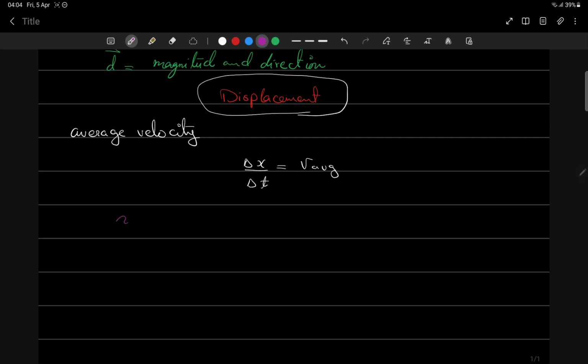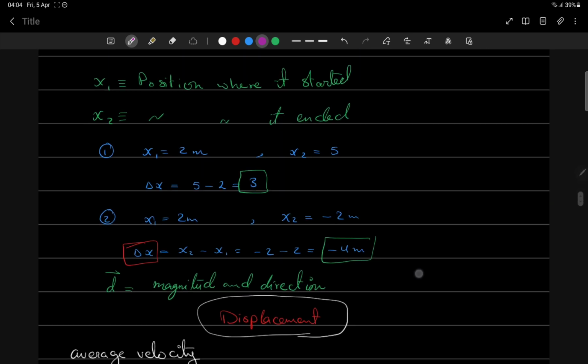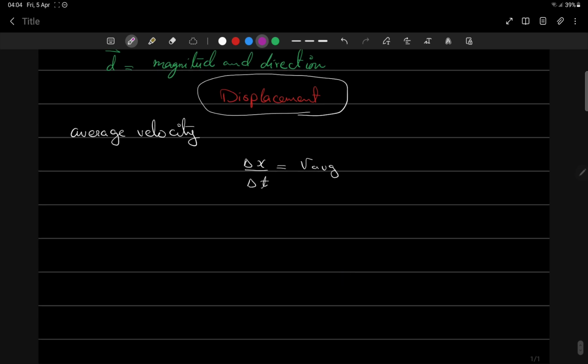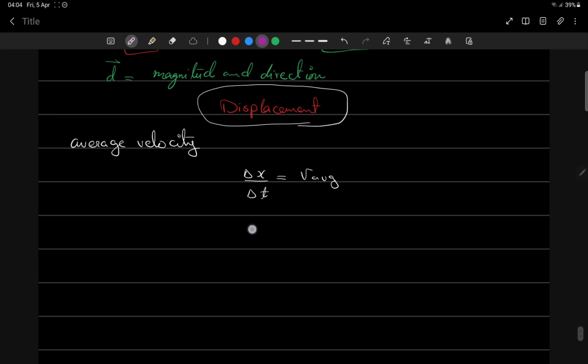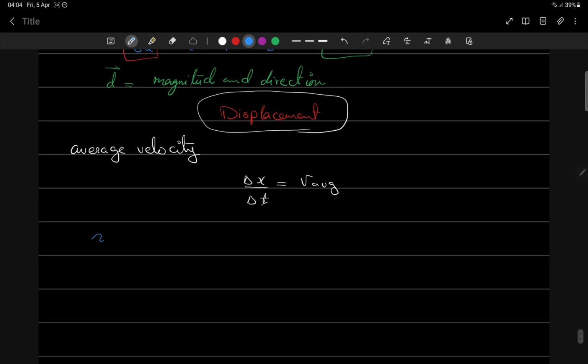So if you have a particle that has a displacement, let's just take the previous displacements here. In the first one, it had a displacement of 3. In the second one, it has a displacement of -4. So let us say that both of them took about 2 seconds.